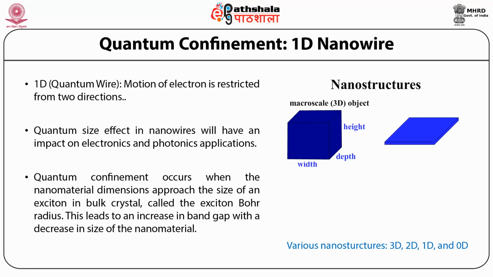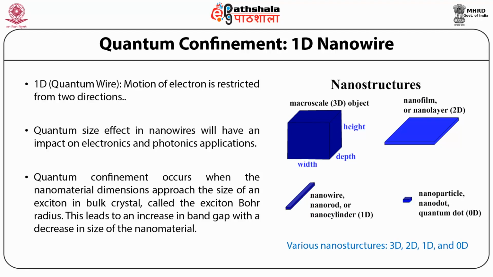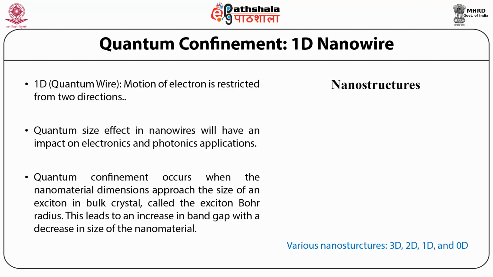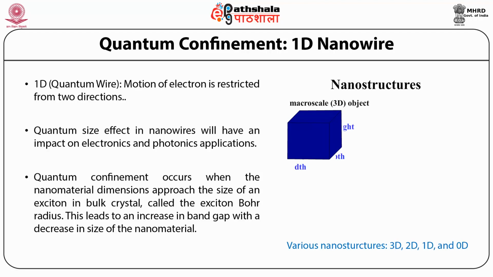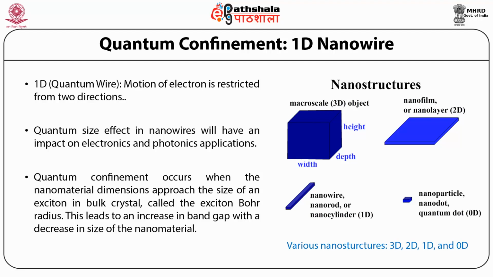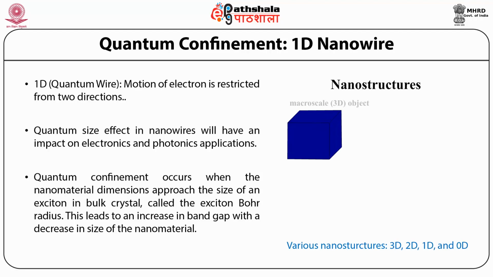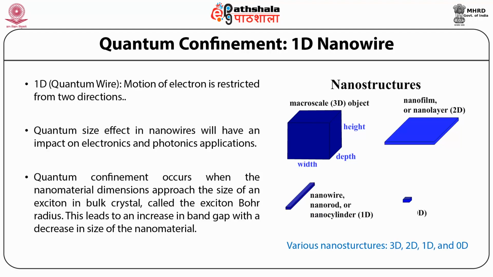The process of diminishing the size has been illustrated in the figure very clearly. Quantum size effect in nanowire will have an impact on electronics and photonics applications. Quantum confinement occurs when the nanomaterial dimensions approach the size of an exciton in the bulk crystal, called the exciton Bohr radius.